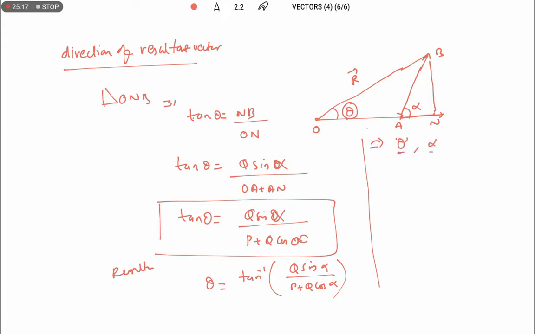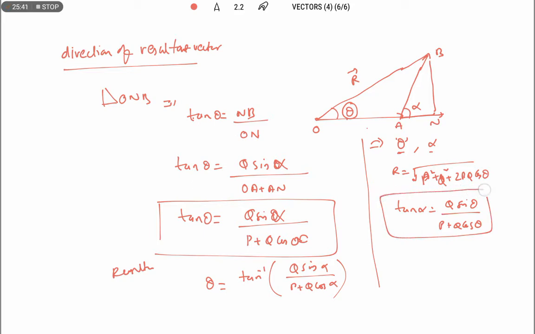In these terms it is only the reverse, so we are going to get the resultant as square root of p square plus q square plus 2pq cos theta, and tan alpha equals q sin theta by p plus q cos theta. Whatever expression they are using, no problem at all. The final result will be the same.